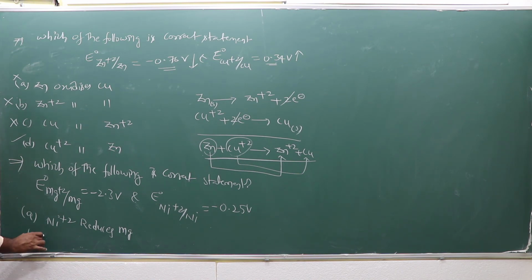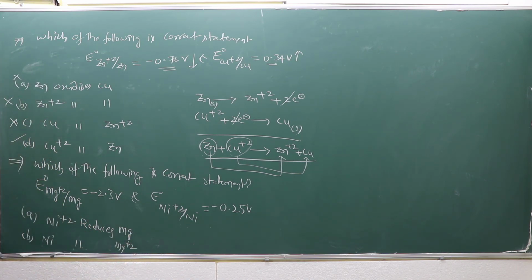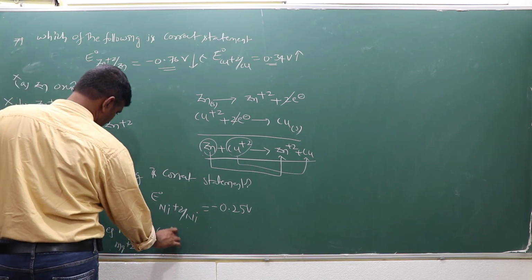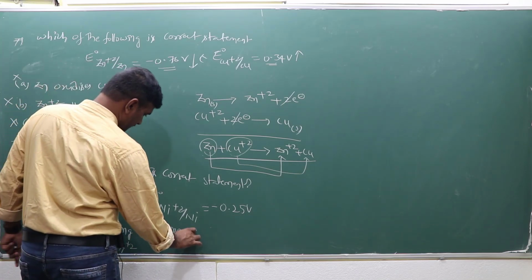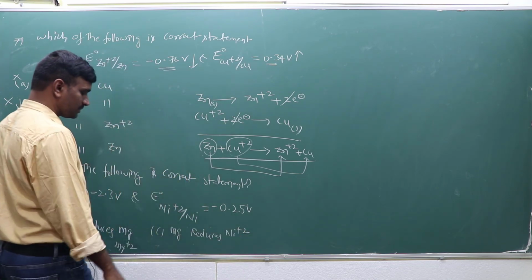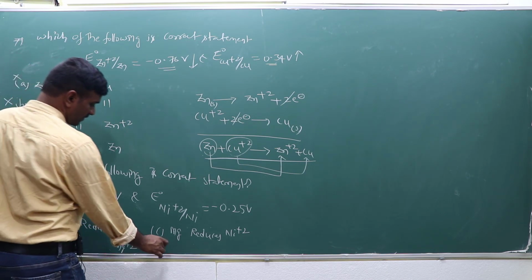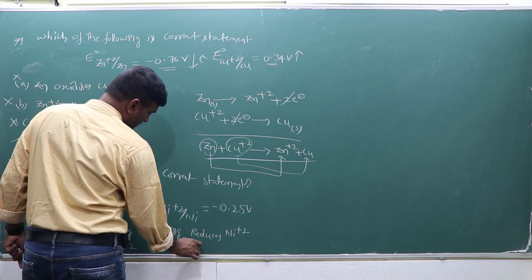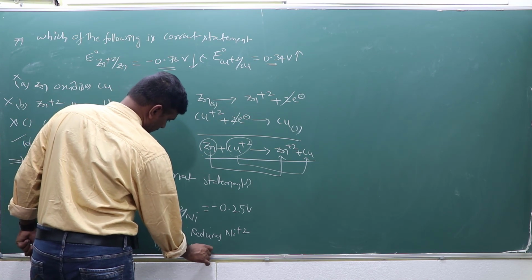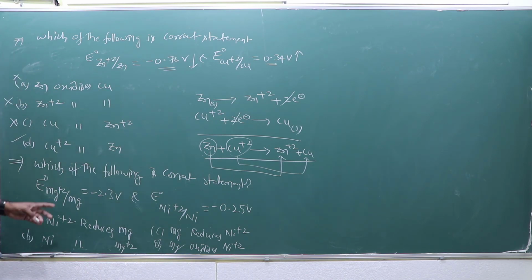Next, nickel reduces magnesium plus 2. Magnesium reduces nickel plus 2. Magnesium oxidizes nickel plus 2. Which one is the correct statement?